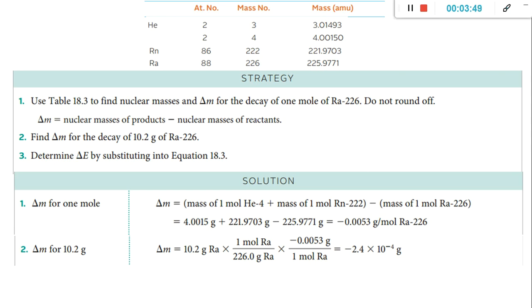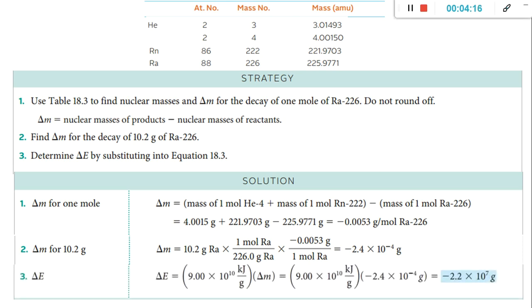In 1 mole, we have negative 0.0053 grams. So our delta m for 10.2 grams will be negative 2.4 times 10 raised to negative 4 grams. Again, the first is delta m for 1 mole, and the second is delta m for 10.2 grams of radium.